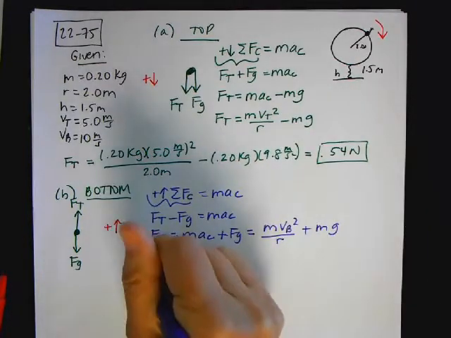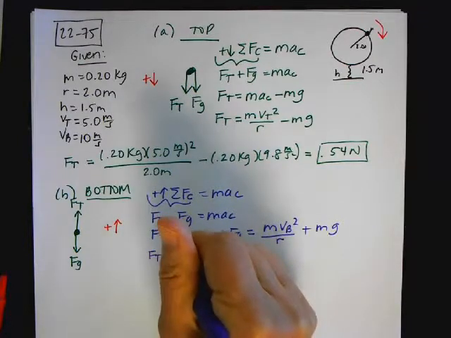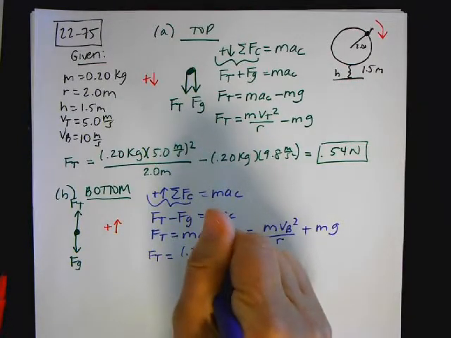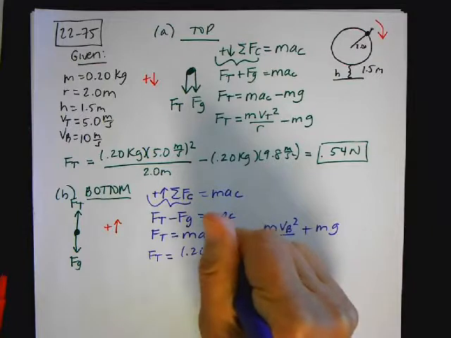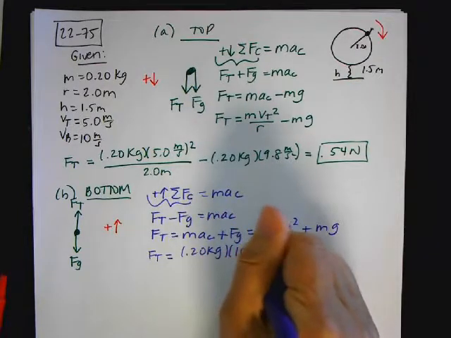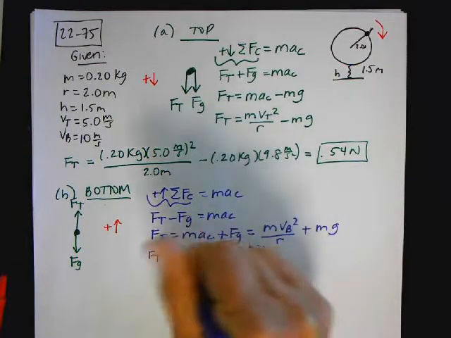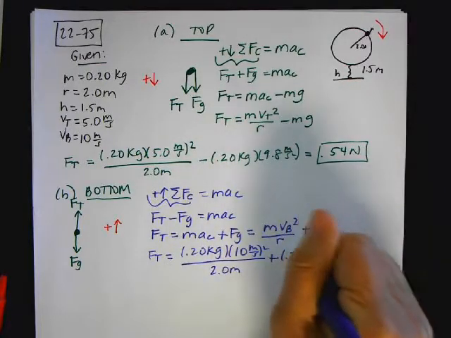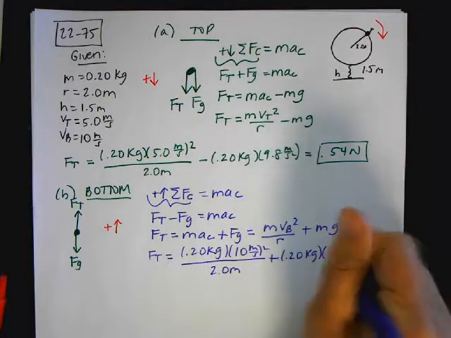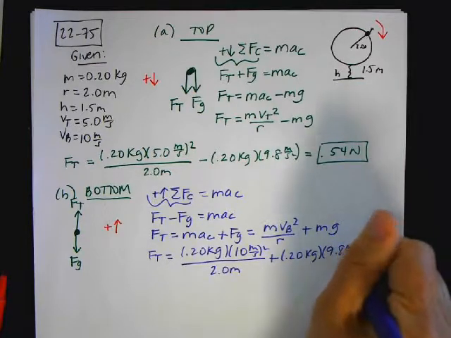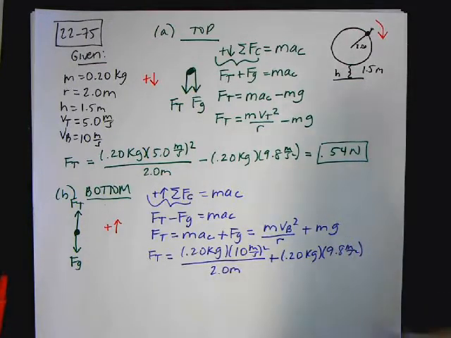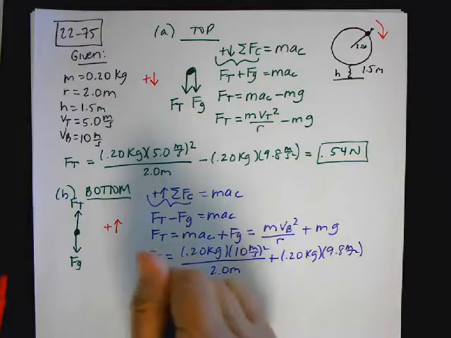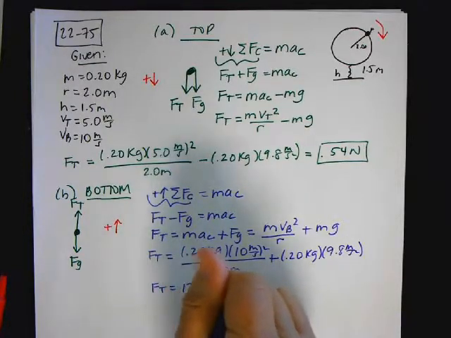So now when I substitute in my values, 0.2 times 10 meters per second squared over 2 meters plus 0.2 times 9.8 meters per second squared. And when I do all the math, FT comes out to be 12 newtons.